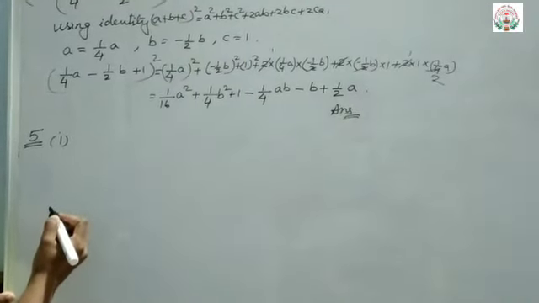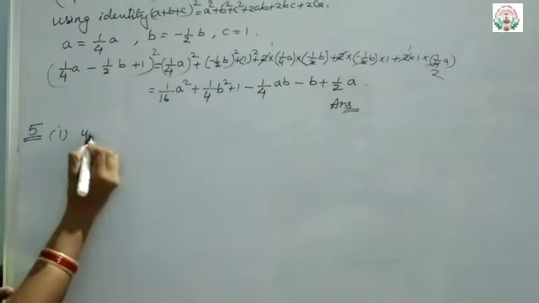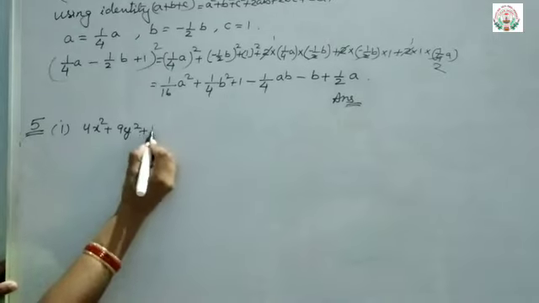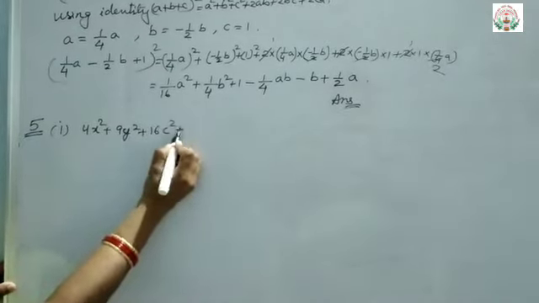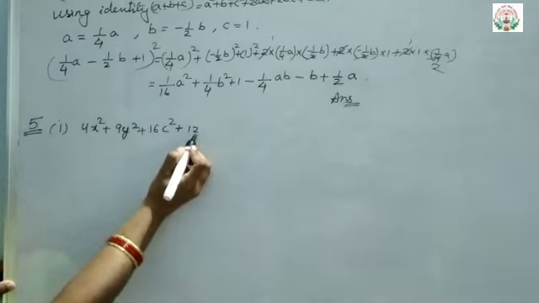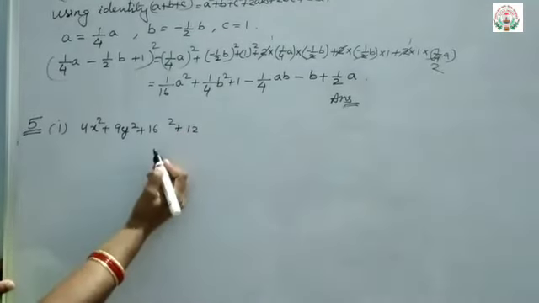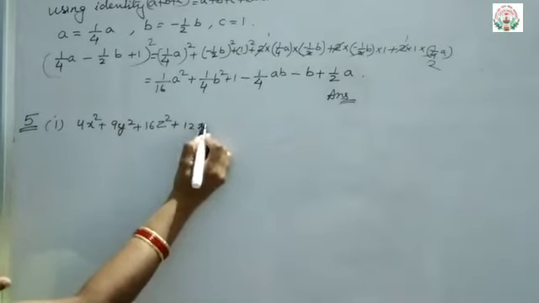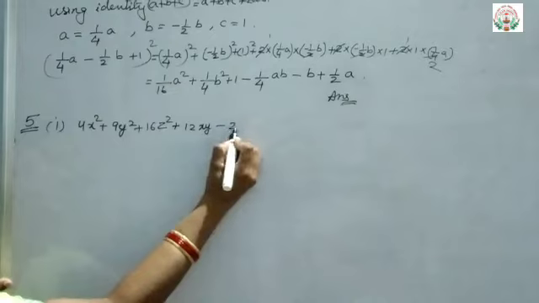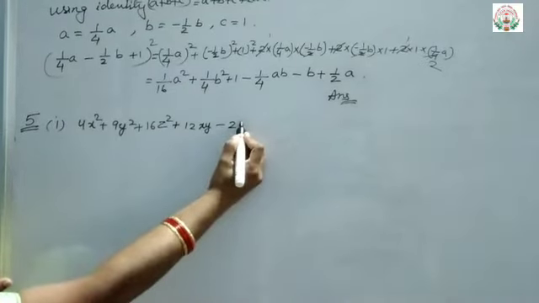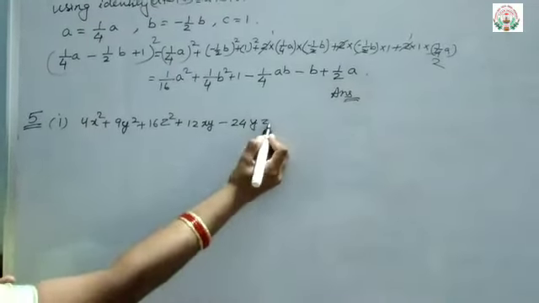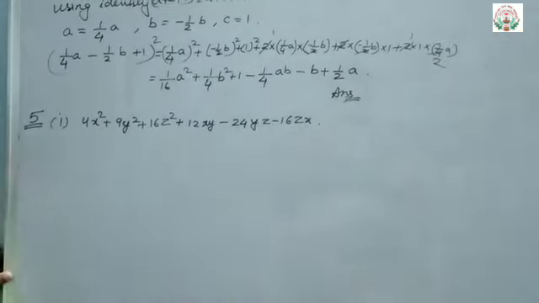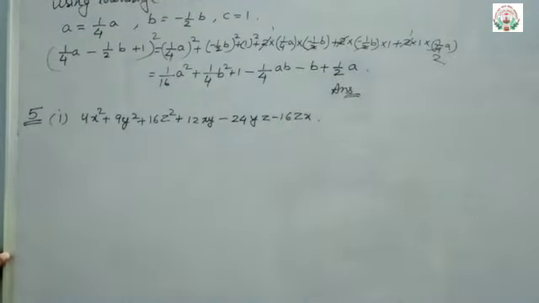The first question is 4x square plus 9y square plus 16z square plus 12xy minus 24yz minus 16zx. Right? Likewise, it is given.